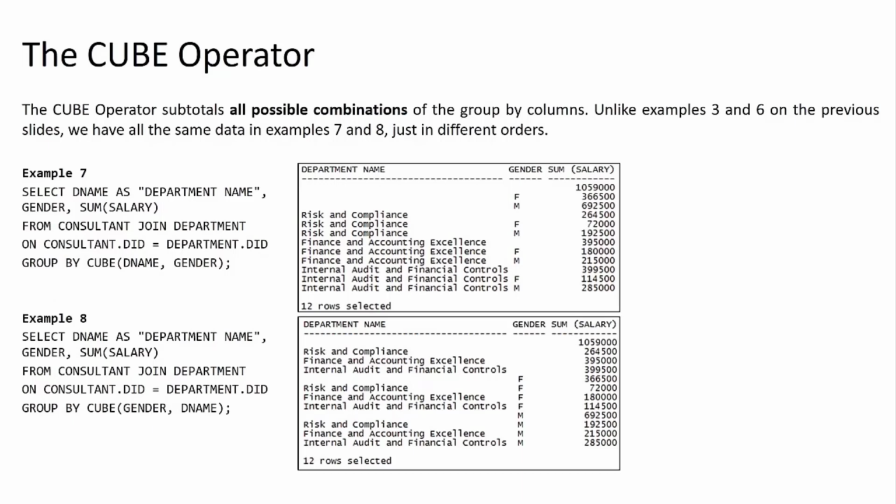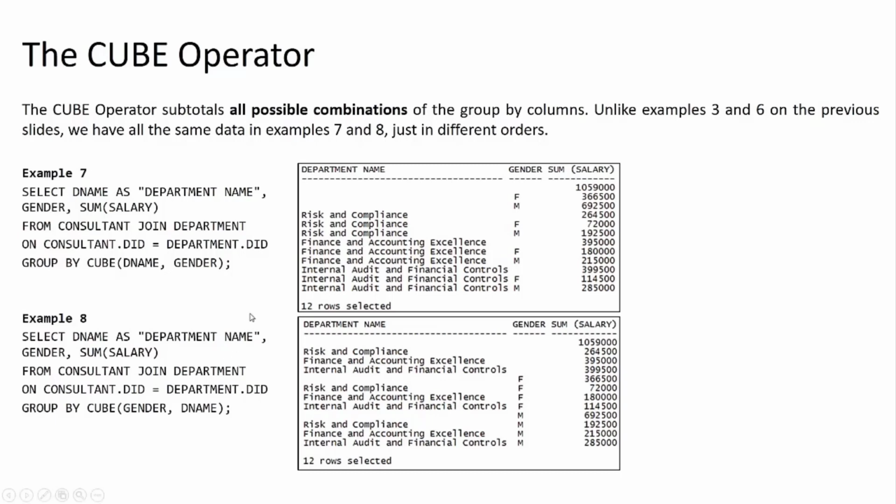And then kind of the best of both worlds, if we want absolutely everything, instead of roll-up, we can use this operator cube. Okay, so cube is going to give us everything that group by does, and then everything that roll-up does in either direction.